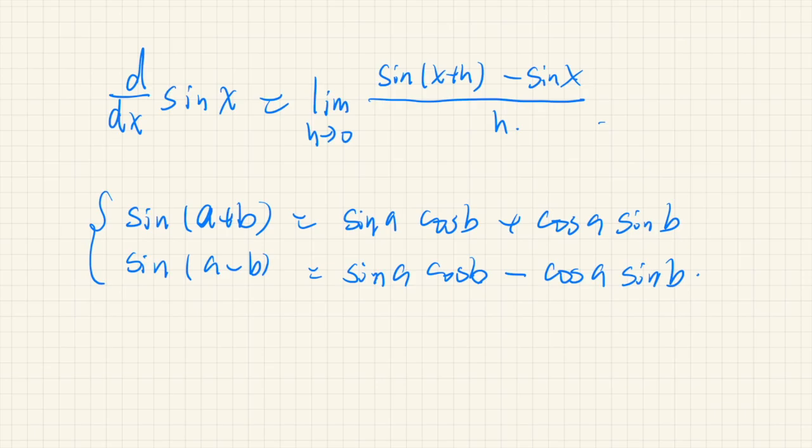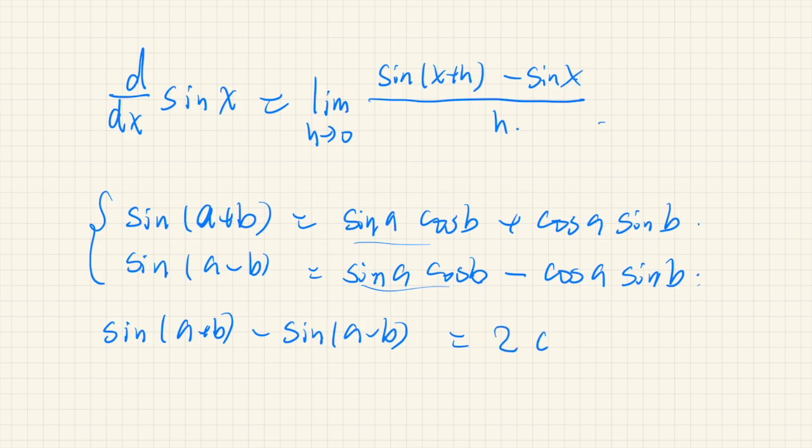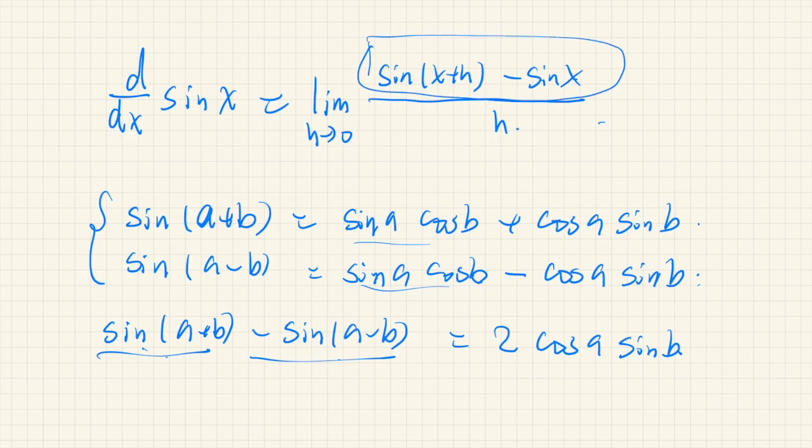If we subtract them, sine of A plus B minus sine of A minus B, the terms cancel, and we have 2 cosine A sine B. This is the difference between two sines, so it's similar to our expression.